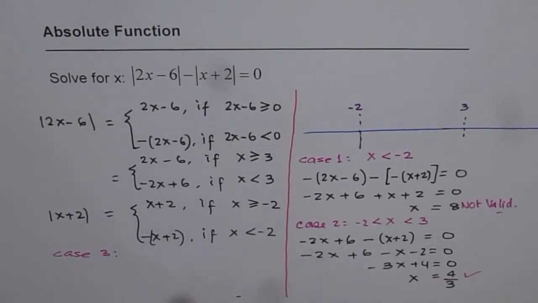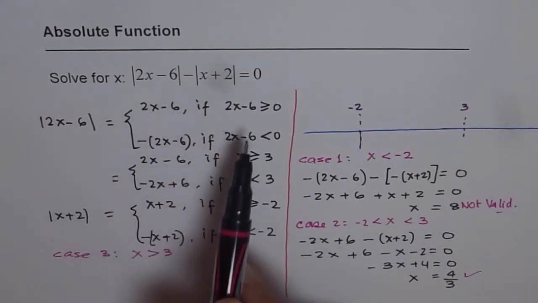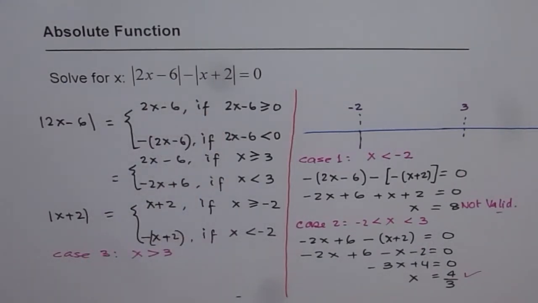Now because we are running out of space, let me take case 3 on this side. So case 3 is when x is greater than 3. Now if x is greater than 3, then both the values are positive. And so we can write down our equation as 2x minus 6 minus of x plus 2. So I'll just open the bracket and write it as minus x minus 2 equals to 0.